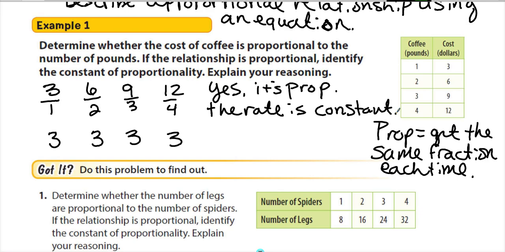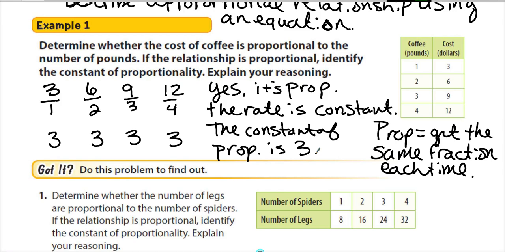So the constant of proportionality is 3. And that'll be your answer every time today. So if it works, you say, yes, it's proportional, the rate is constant, and then whatever that is, you tell me what answer you kept getting. In this case, we kept getting the answer of 3, so that's what we have.